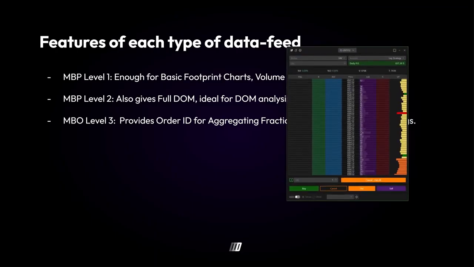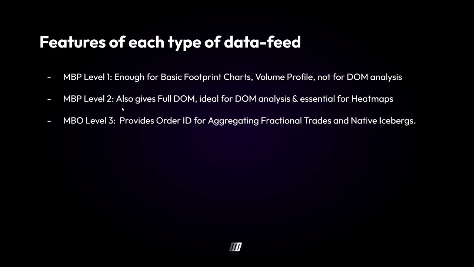So if you want to see liquidity areas and stuff like that, you're not going to be able to see it with level 1. With level 2, yes, you have the full access to the DOM, the depth of market, the whole order book with all of the buyers and the sellers and all of the liquidity areas. That's level 2. It's essential, especially if you want to use heat maps like Deep DOM.